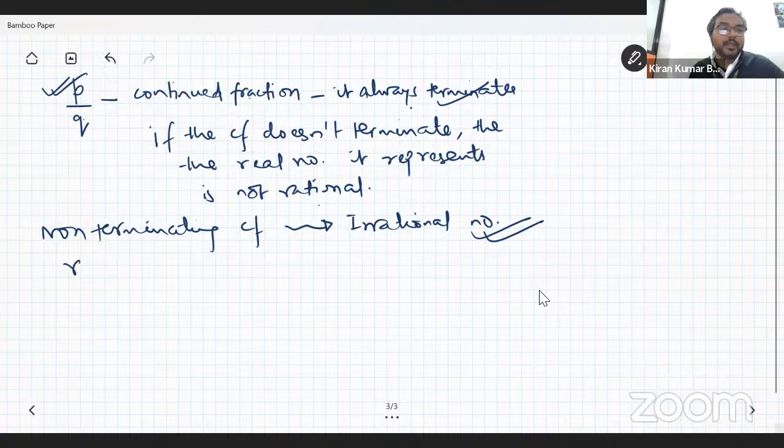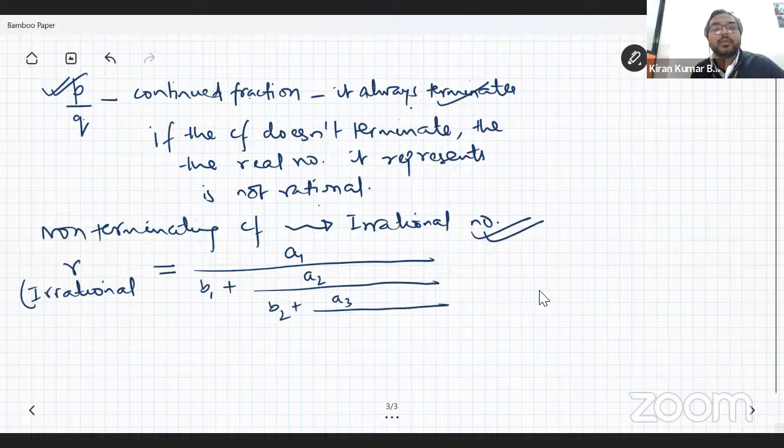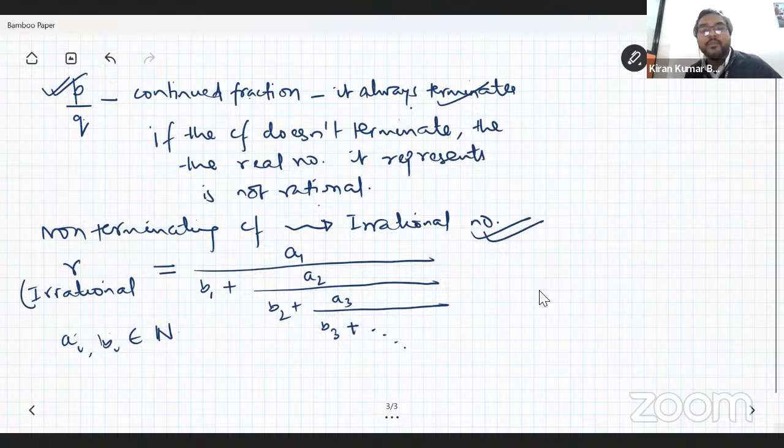I have R irrational, and this R is represented by a continued fraction of this form, a1 by b1 plus a2 by b2 plus a3 by b3 and so on, where ai and bi are also natural numbers. So what we have here is the idea of rational approximation.